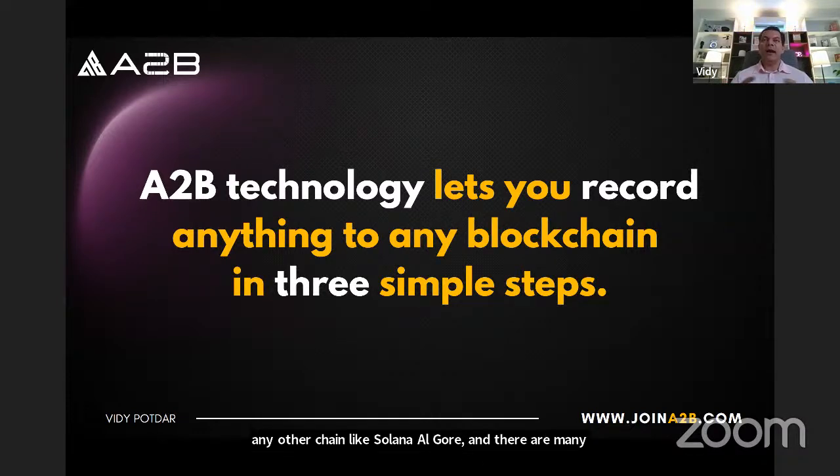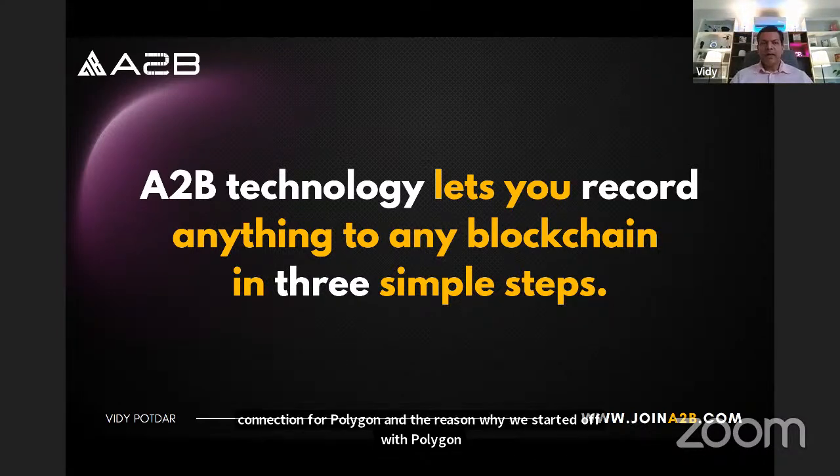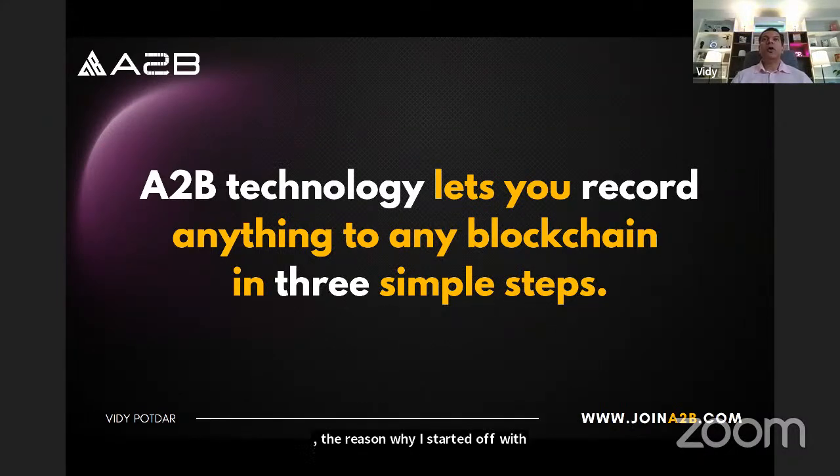So we are building connectors that can talk to these different blockchains. In the first release, we have built the connection for Polygon. The reason why we started off with Polygon was because the cost of transactions on a Polygon chain is quite low compared to putting the same transaction on an Ethereum blockchain.